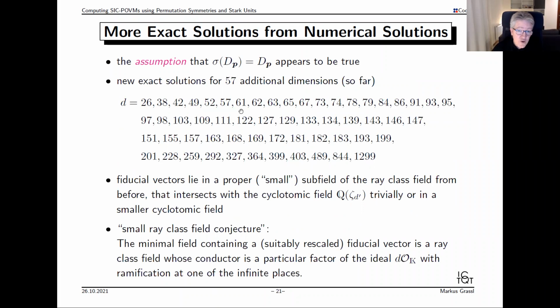And we found new exact solutions, going up now up to dimension 1299, and a lot of small dimensions. We also have a refinement of the Weyl class field conjecture, since after taking a closer look at the fields we have, there seems to be also a particular Weyl class field in which the solutions live. But for that, you have to wait until I eventually have my paper ready.